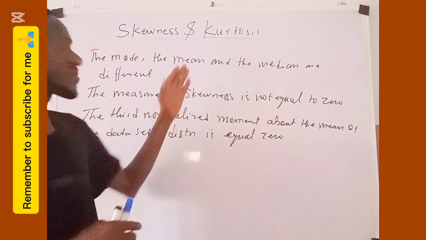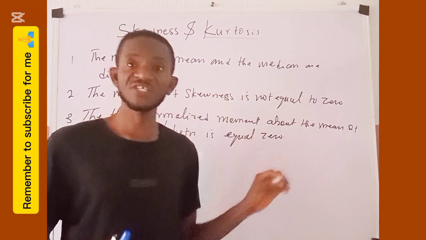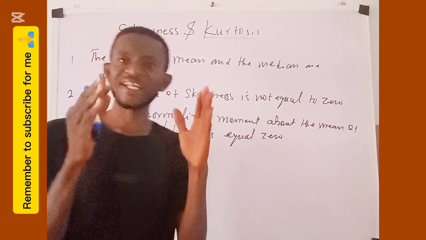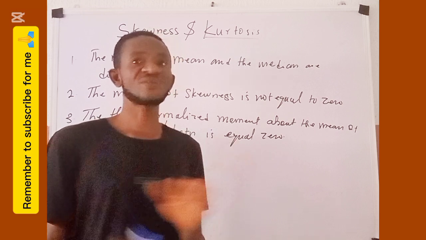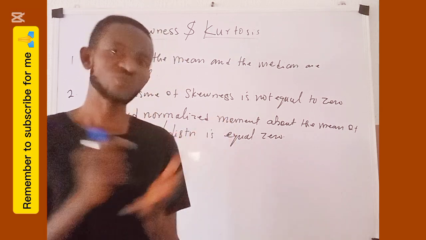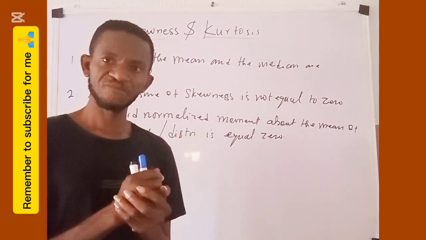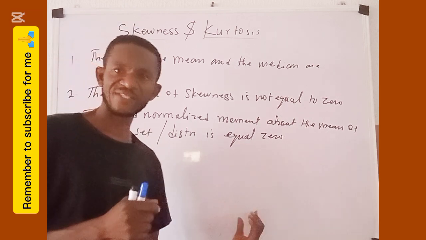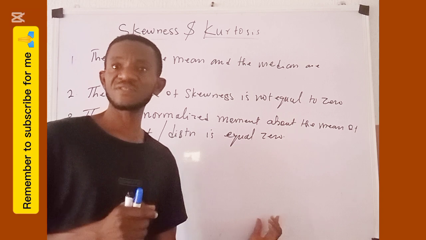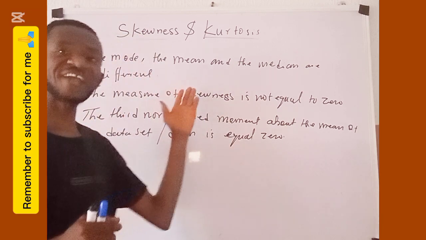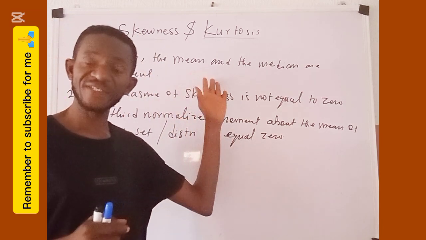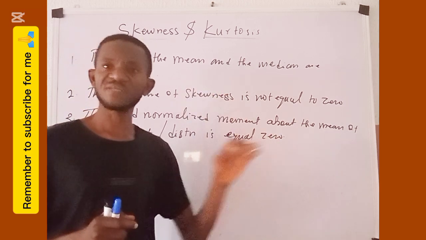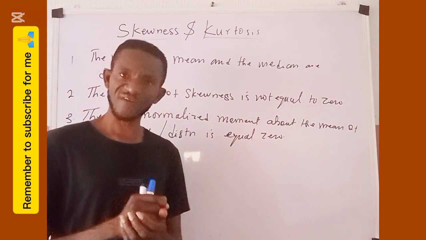When these conditions or any of the conditions is satisfied, our conclusion should be that the data we are having at hand is not symmetrical. Like we had the 3 conditions when our data set or distribution is symmetrical, here equally are the 3 conditions that we see when our data set or distribution is not symmetrical.